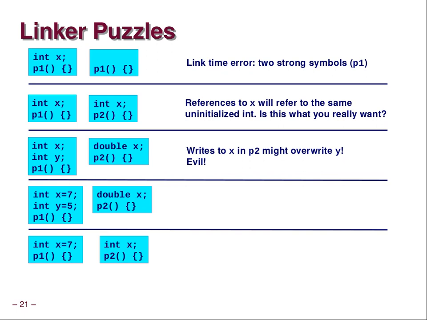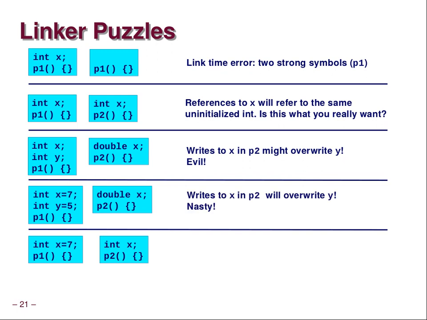Sadness. All right, how about the next one? The first one's strong. So if you tried to write to X in P2, writes to X will definitely override it.